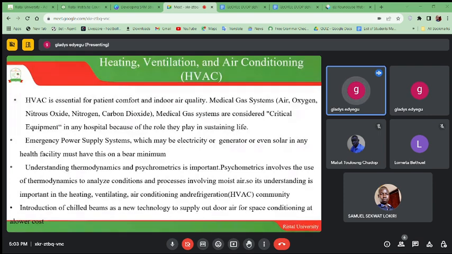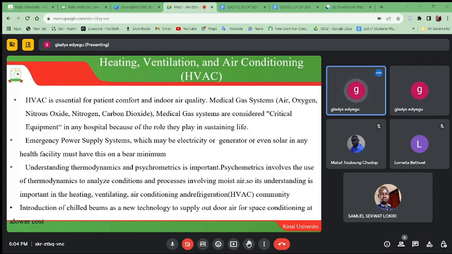So emergency power supply systems, which may be electricity, a generator, or even solar, any health facility must have this at a bare minimum. In case you don't have power, which is electricity, then you should be having either solar or a generator that is able to run these machines so that the services are not deprived from your patients.